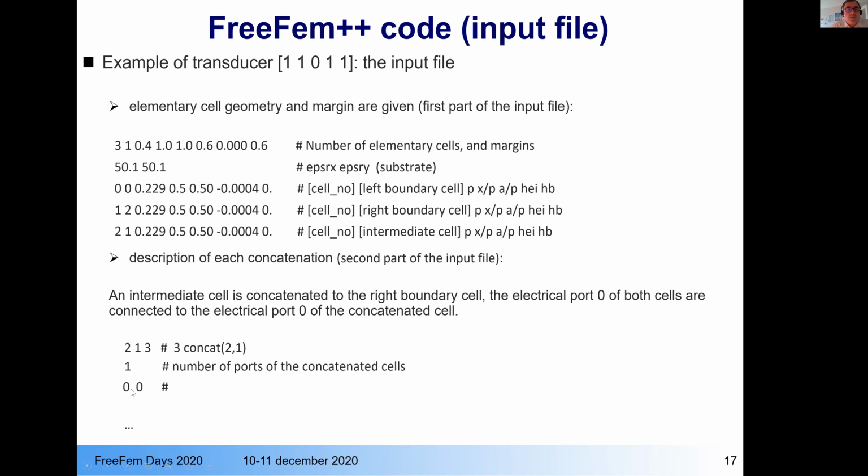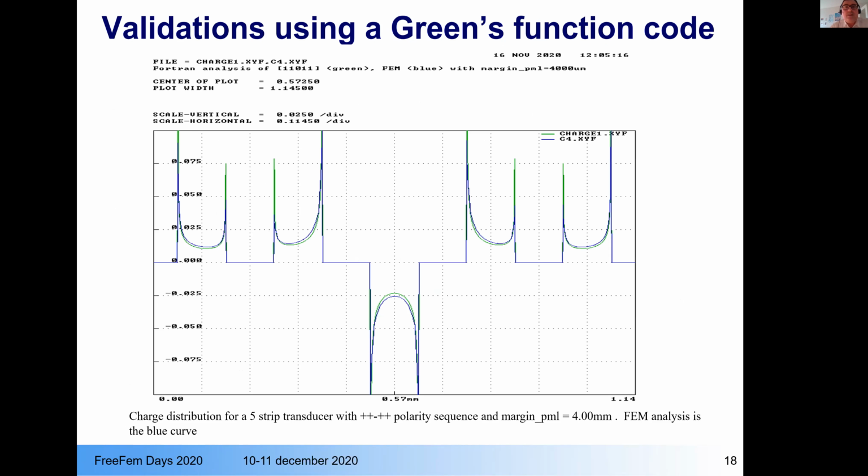You have 1 port. The first line is the first port of the concatenated cells, and it has the 0 potential of the first cells and 0 potential of the right cells. So we have to be careful about it, but it is done. It is no problem.